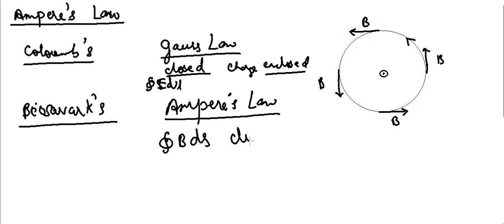Like Gauss law, the important thing is that it is closed, but the difference is that it is a closed plane curve.